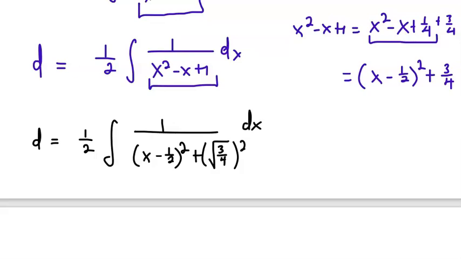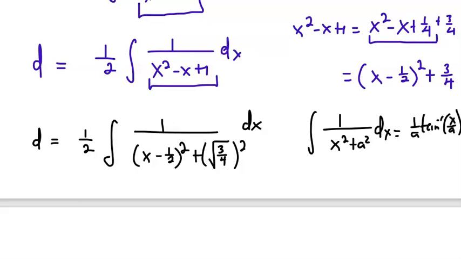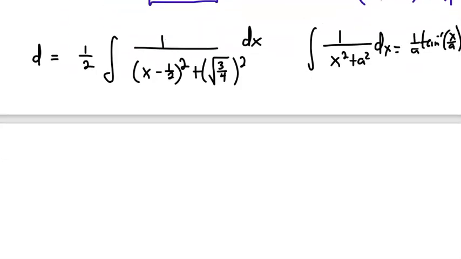Then we have our dx. The reason, take a look at this. The integral of 1 over x squared plus a squared dx is just equal to 1 over a times the arctangent of x over a. So this is one of the properties of indefinite integral, right? So if you use that idea, we will say that we can do this, right?